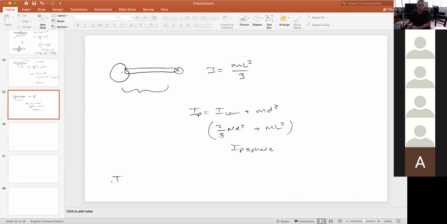So this is now I parallel of the sphere. But for the total of the whole system, all I have to do is get I of the sphere plus I of the rod. So my total is 2/5 mr squared, where this is the mass of the sphere, obviously, plus mass of the sphere times L squared, plus mass of the rod times L squared over 3.